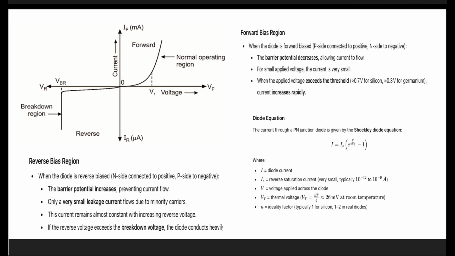This is the IV characteristics of the diode. This represents the forward characteristics and this is the reverse characteristic. Thus, we can see the characteristic plotted as forward voltage versus forward current, then reverse voltage versus reverse current.